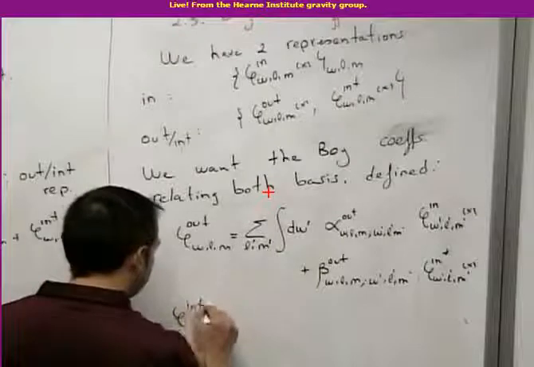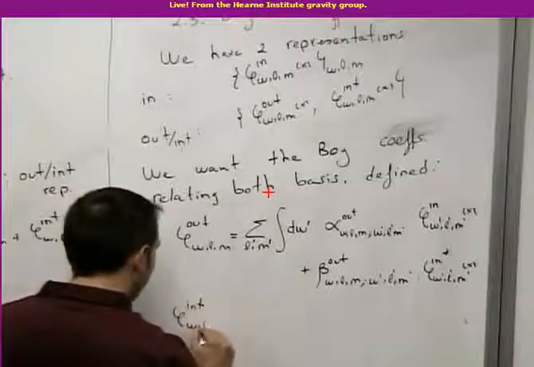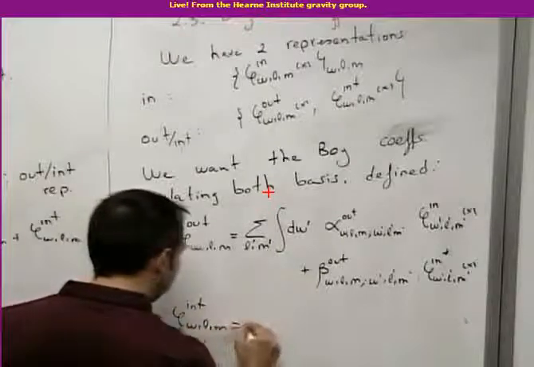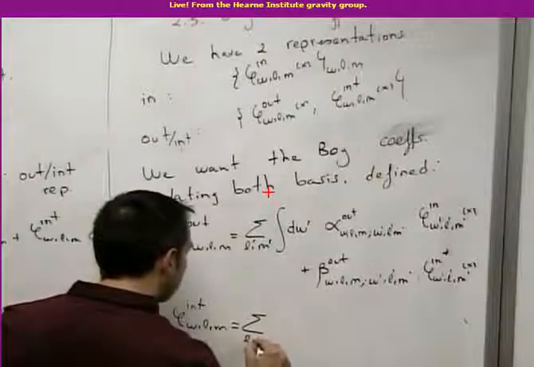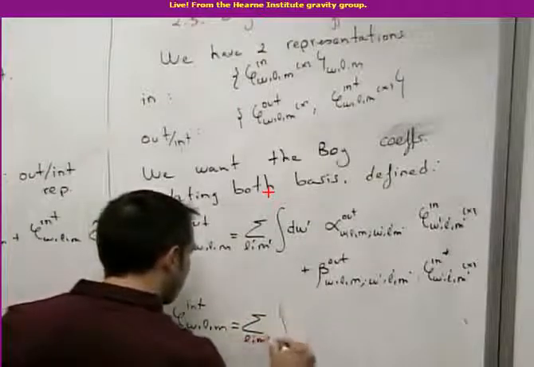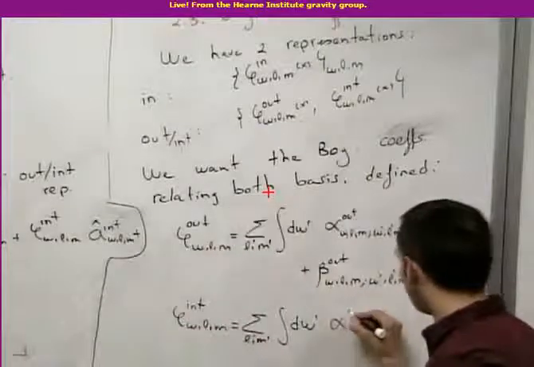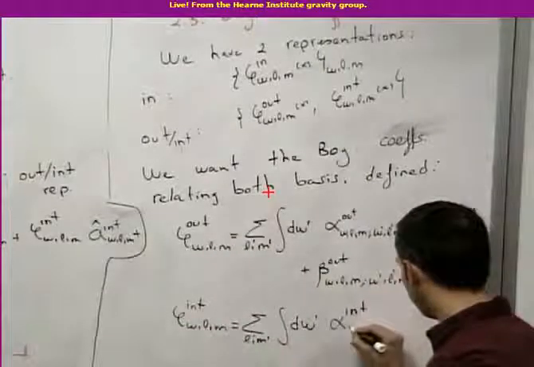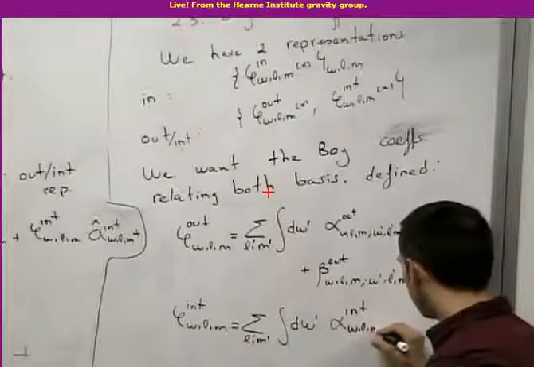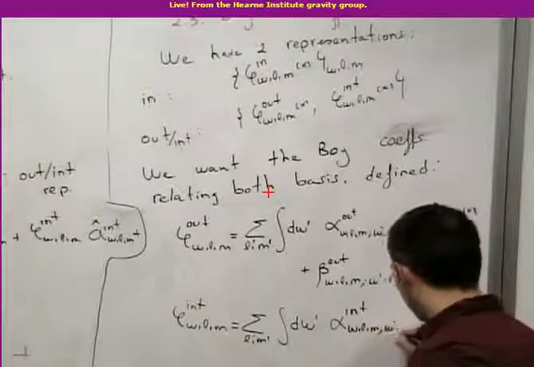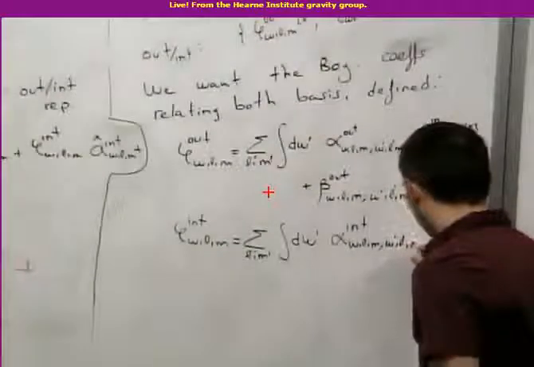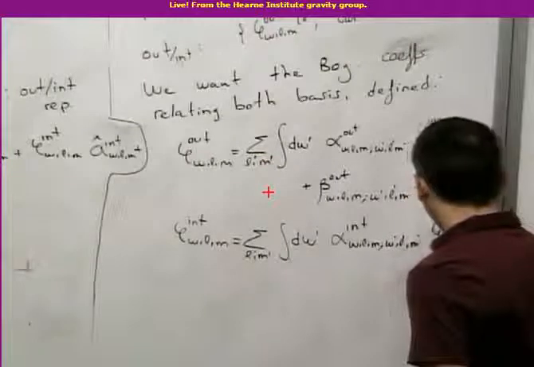Exactly the same is true if we replace out by in. So there are also alpha in, alpha prime, plus beta in with omega and omega prime.